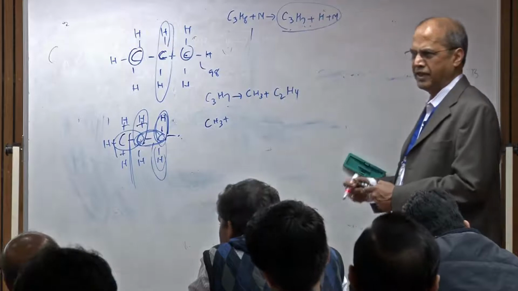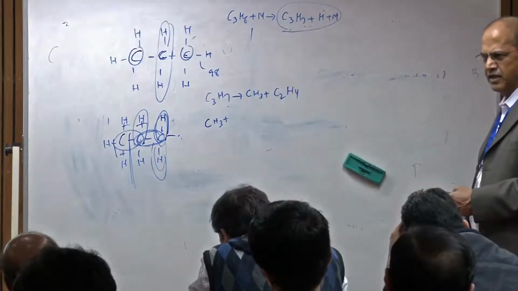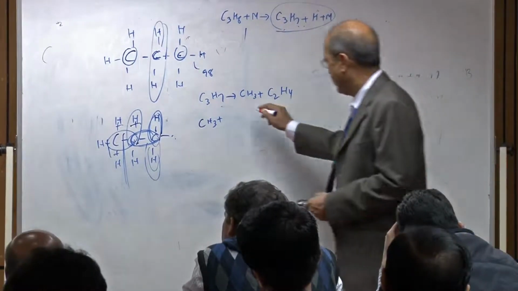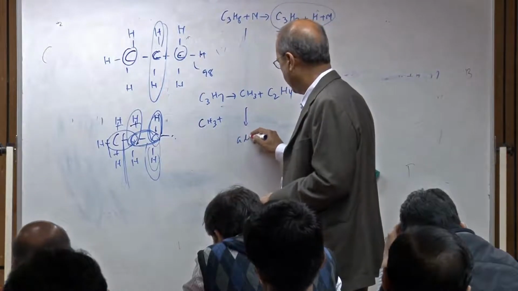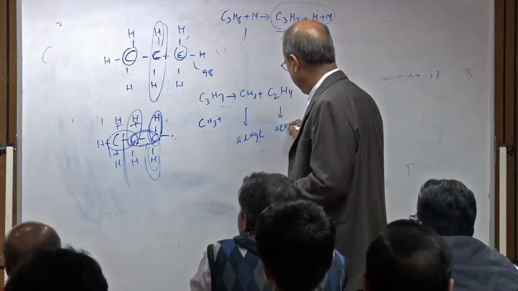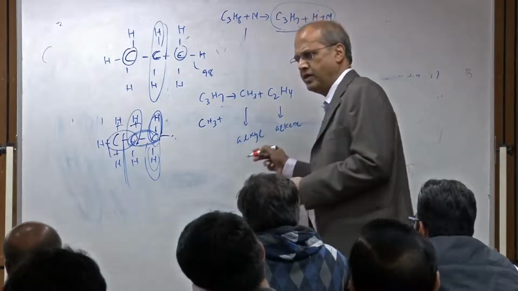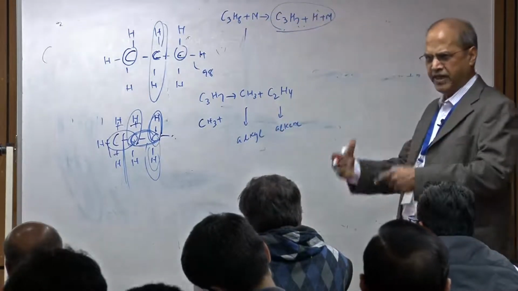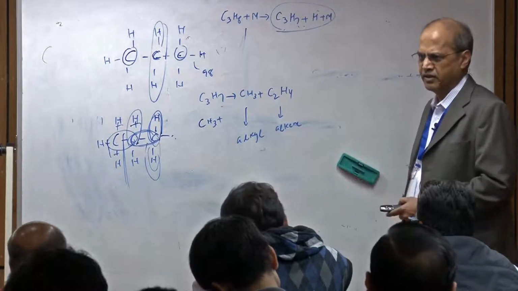It will produce an alkyl and an alkene. This is alkyl and this is alkene. Why am I saying that? Because for heptane you will have many alkyls and many alkenes.